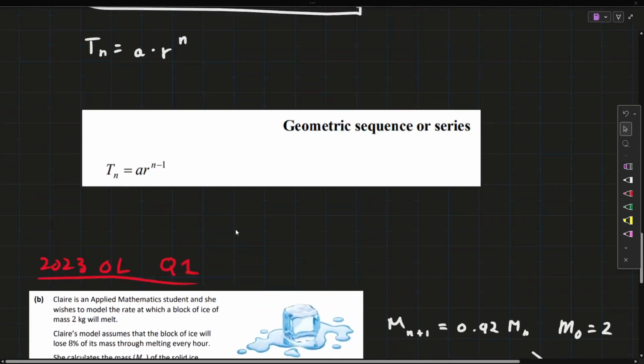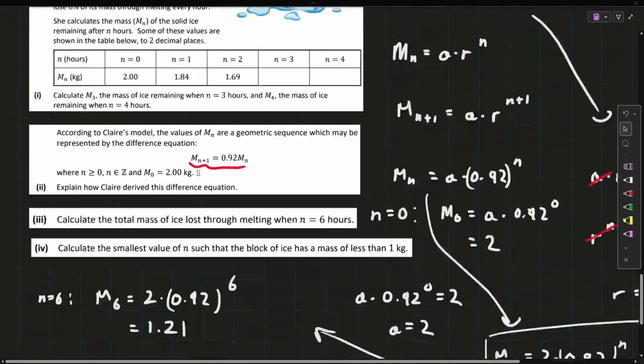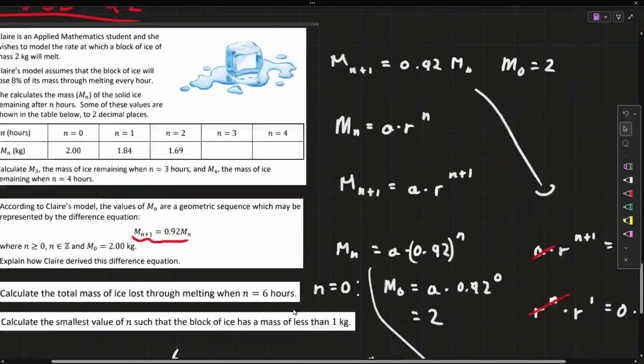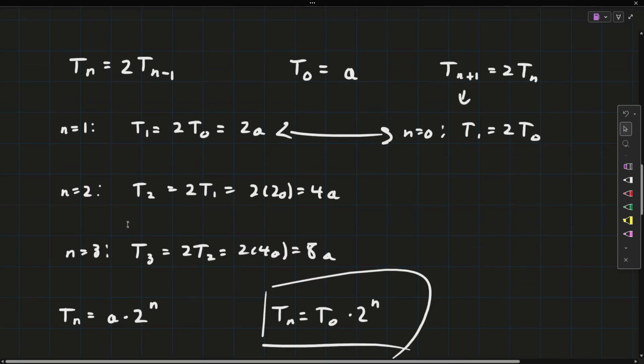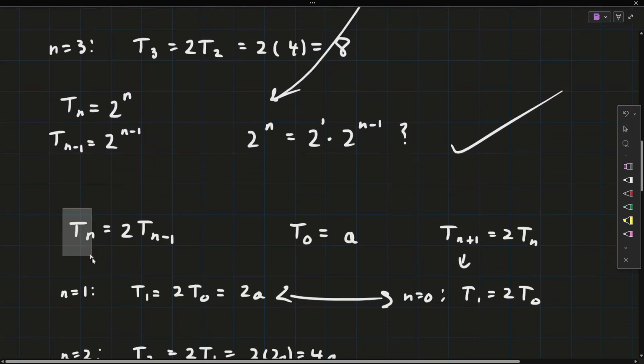So these are called first order homogeneous difference equations. First order means that the next term is defined in terms of the previous term once. So we have the next term and we have one previous term. A second order difference equation would have the term defined in terms of two previous terms. And homogeneous means it's made up of the same stuff. Homo means the same, and geneous means kind of like stuff.